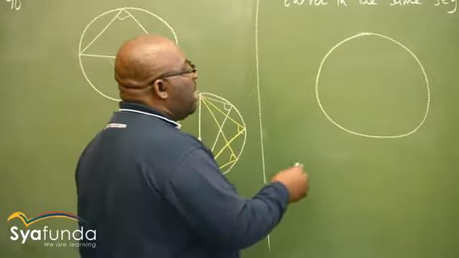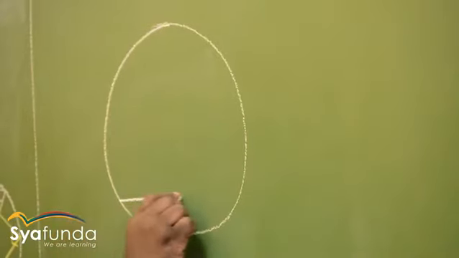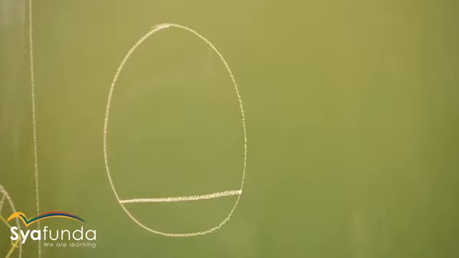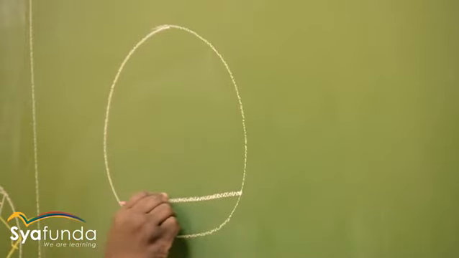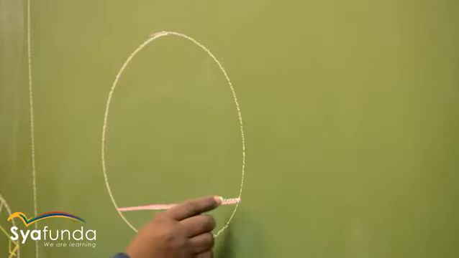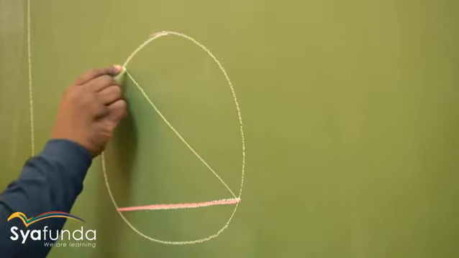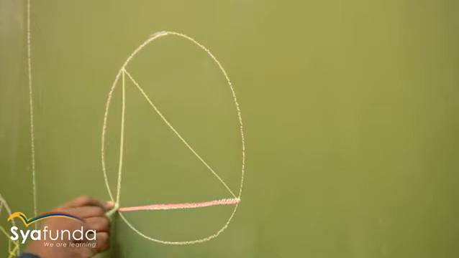Let's create the same arc or chord. If this is the chord that I'm going to be using, let's look at this chord. This chord can subtend the angle there. It forms this angle. The same chord can form another angle. The same chord can also form another angle.